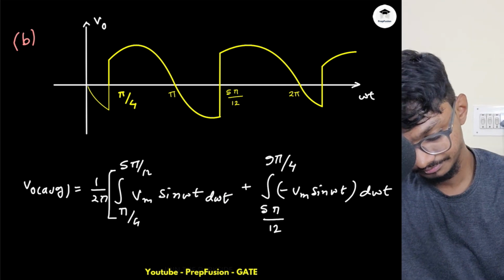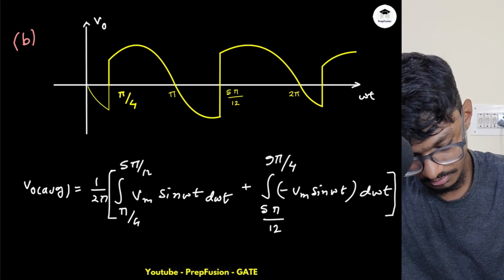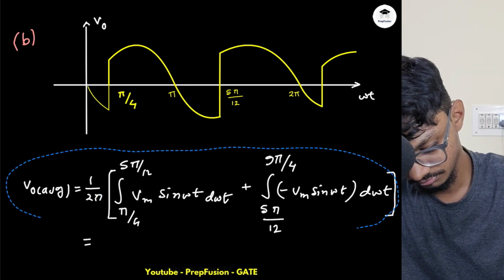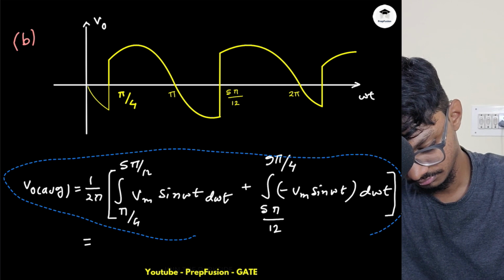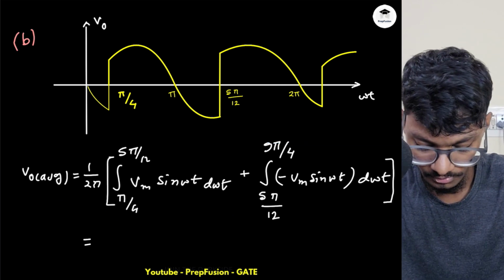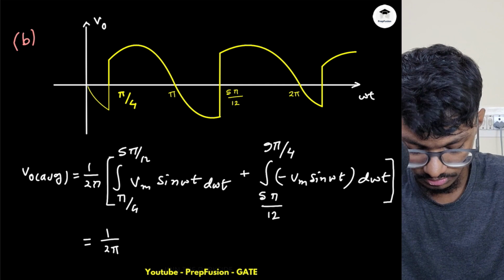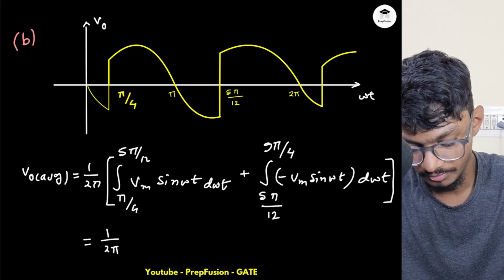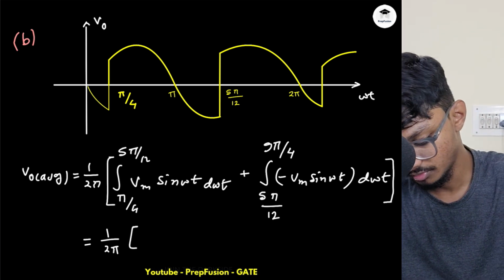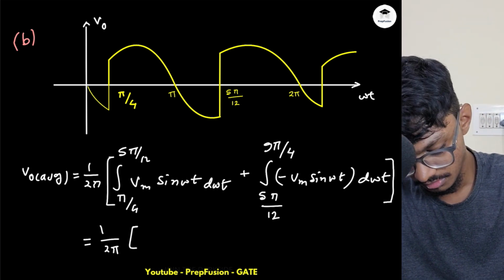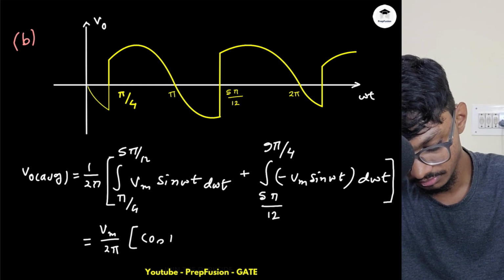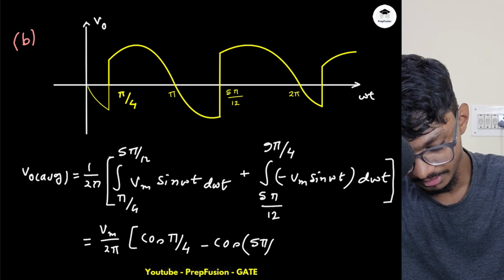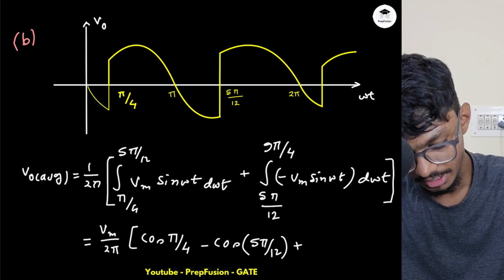Okay, so what will this be equal to? This will be equal to 1 by 2 pi, and this is basically cos pi by 4 minus, Vm will be outside, cos pi by 4 minus cos 5 pi by 12, and this is minus, right?